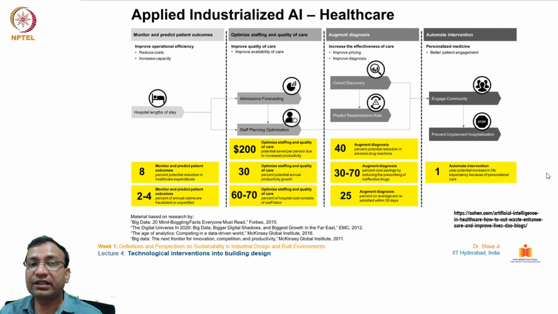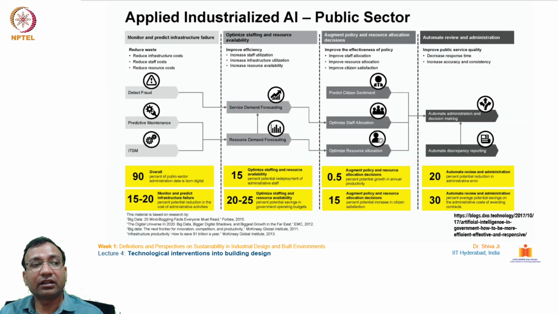We have been seeing with the improvement in the health sector over the last several decades and the last century how much life expectancy has increased, and further these modelings and optimization processes will boost this figure up. In the next and last slide of this lecture, we will see about this applied industrialized AI system in the public sector over here.